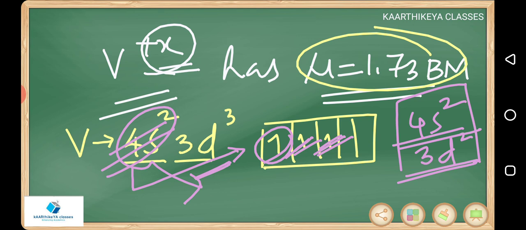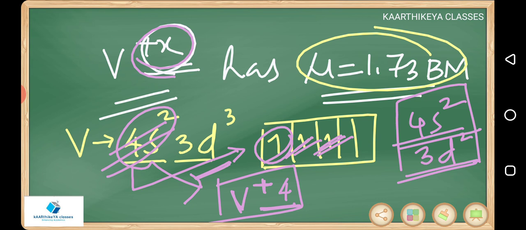You need to remove a total of 4 electrons. So here the vanadium oxidation state must be +4. Vanadium in the +4 oxidation state loses 4 electrons, 2 from s orbital, 2 from d orbital, and only one unpaired electron will be remaining. Because of that unpaired electron, the value is going to be 1.73 Bohr magnetons.